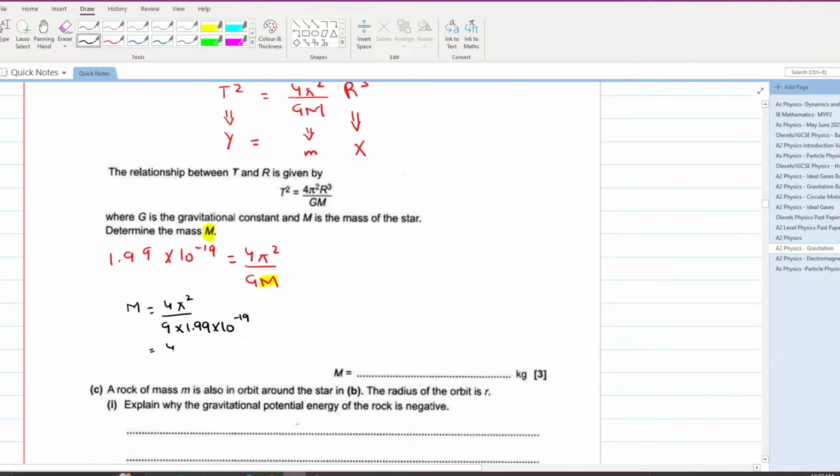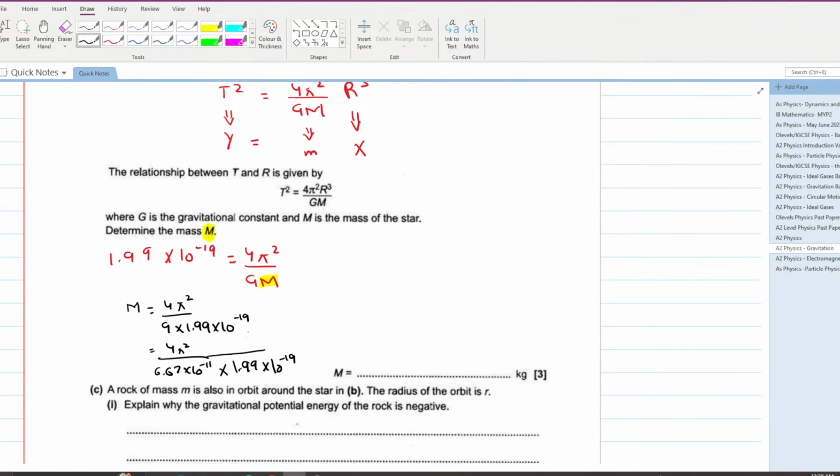G की value 4 pi square divided by 6.67 into 10 raised to the power minus 11 multiplied by 1.99 into 10 raised to the power minus 19. Okay. Now let's do the magic in the calculator. 6.67 into 10 raised to the power minus 11.